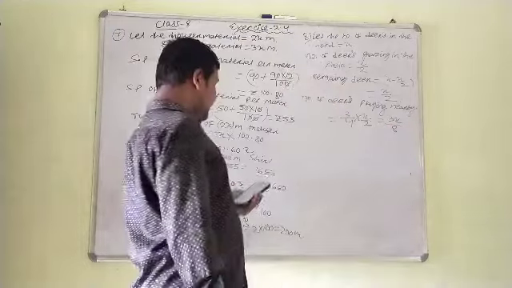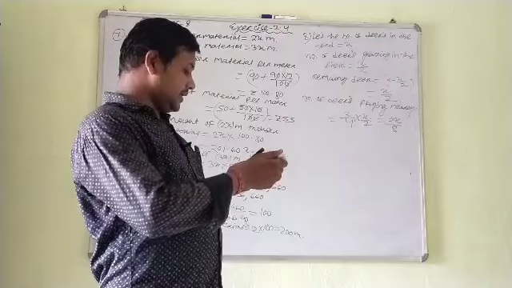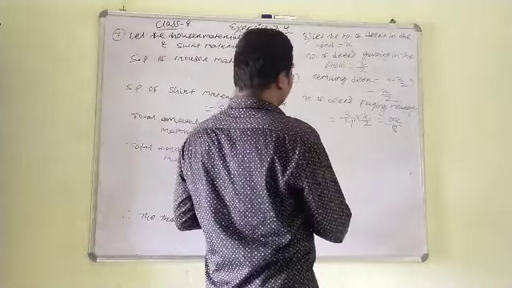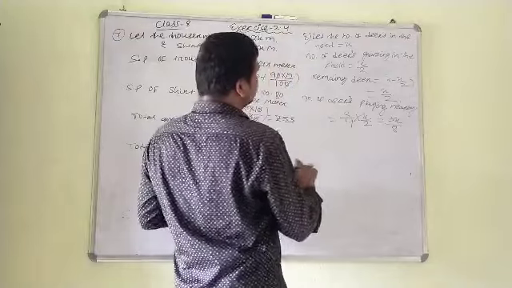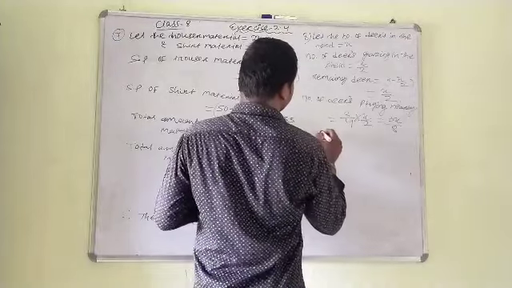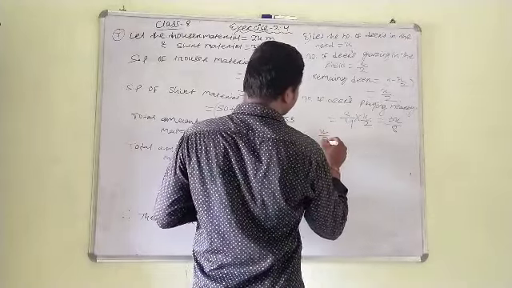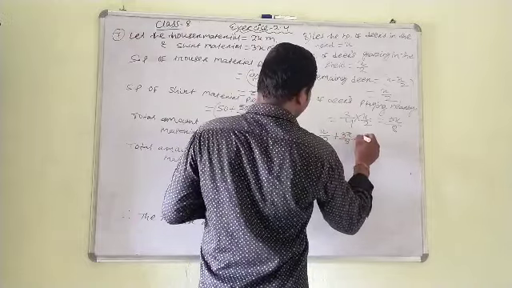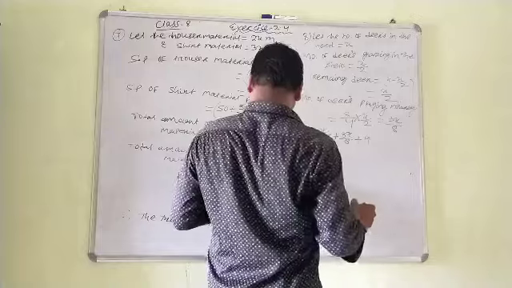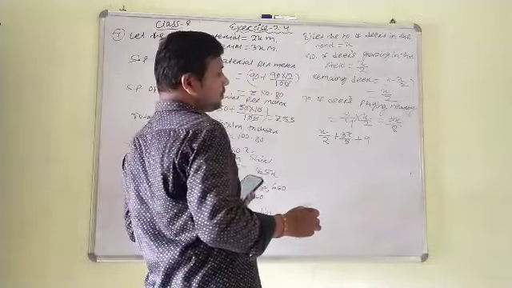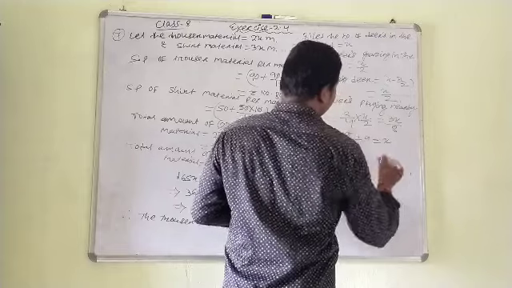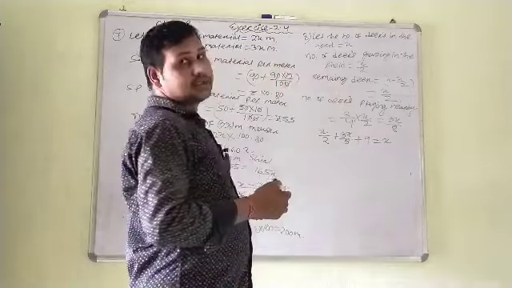And 9 are drinking water from the pond. So we'll add all these, which is equal to X. We'll write X by 2 plus 3X by 8, and the 9 who are drinking water from the pond, is equal to the total number of deer in that herd.